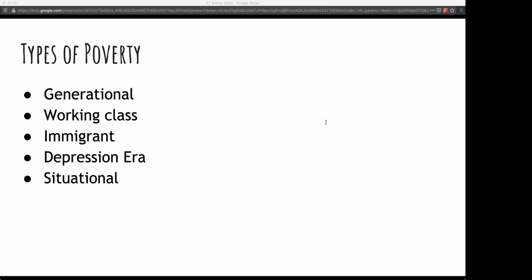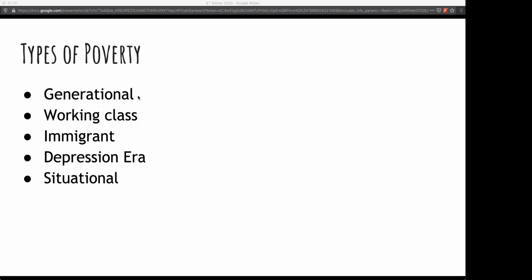In the session, they didn't really talk much about which of these types of poverty are most prevalent in our students. But we do know that a lot of folks who come from poverty, it might be generational.